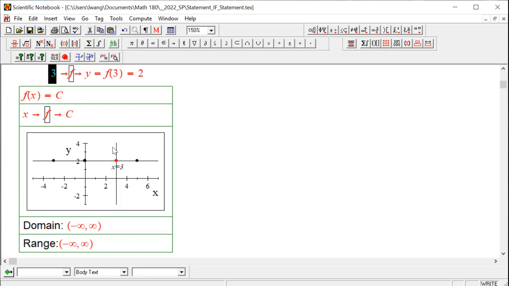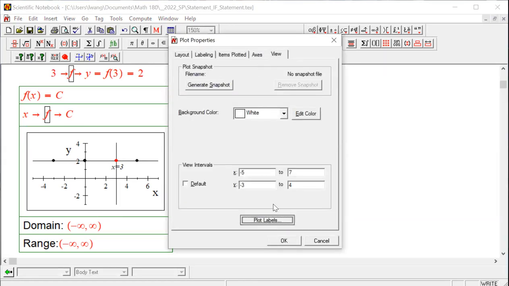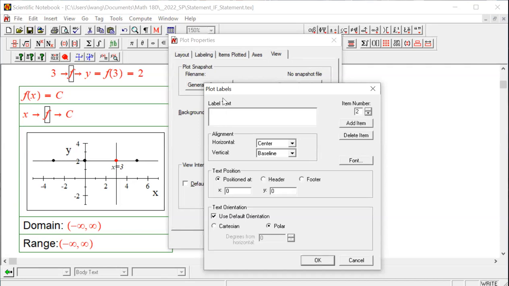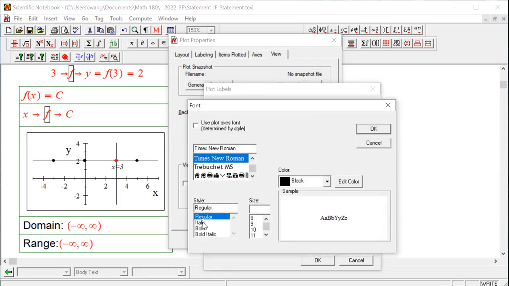We draw the vertical line, x equals 3, and it touches the curve at that one point, indicating that this point is (3, 2). I'm going to mark that point for you. I hope you guys follow me. (3, 2), that point.